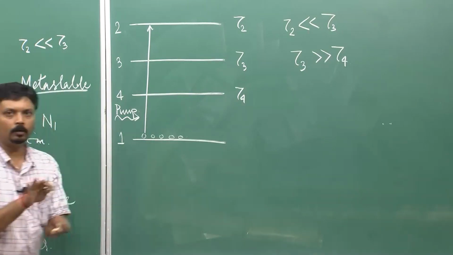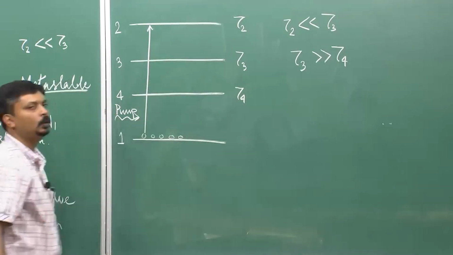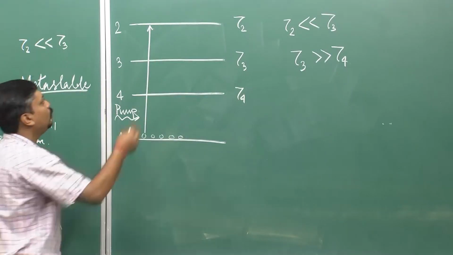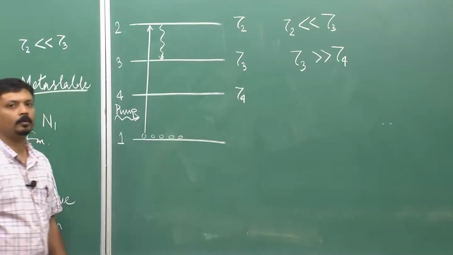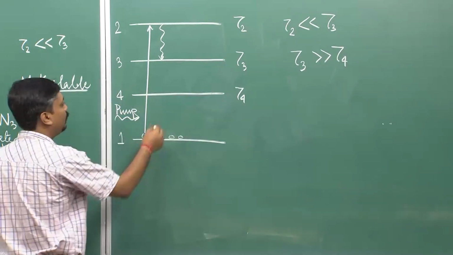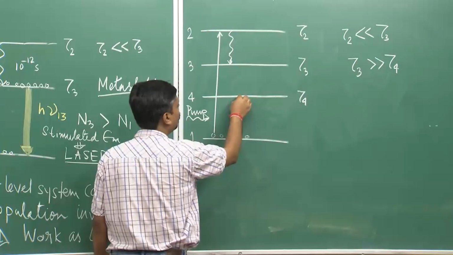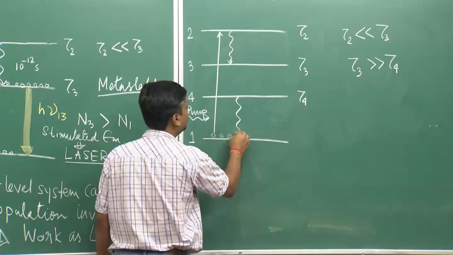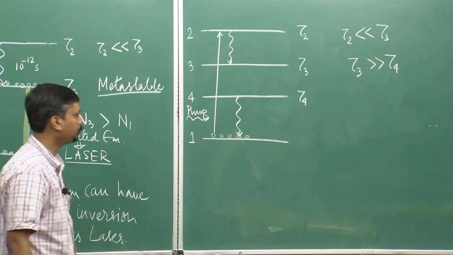Now, one more thing I must tell, that this state 2 can non-radiatively decay very fast to state 3, and also this state 4 non-radiatively decays to the ground state very fast.